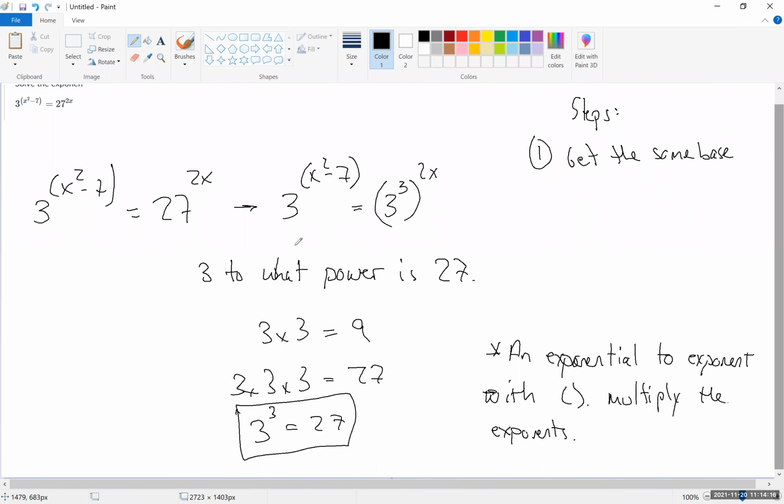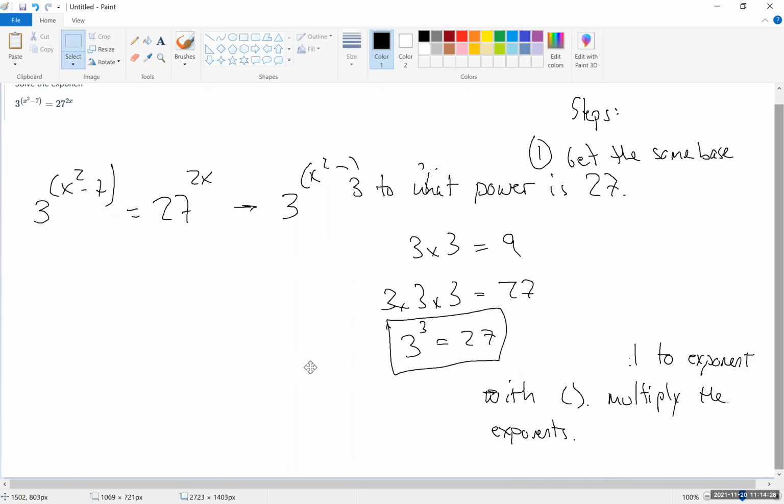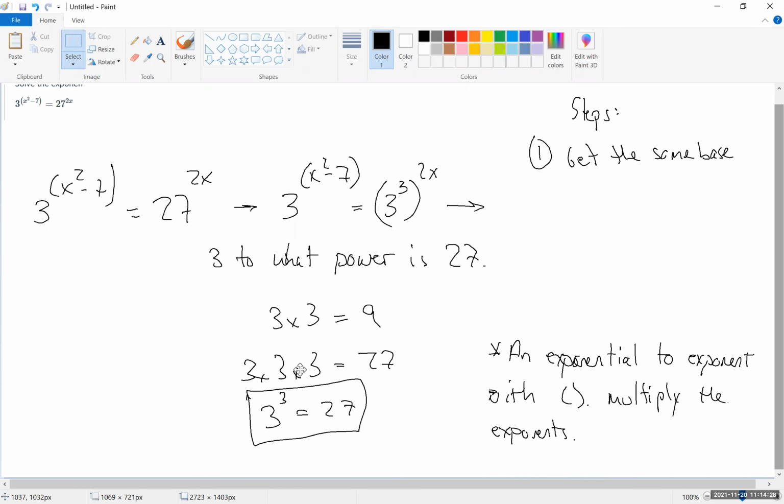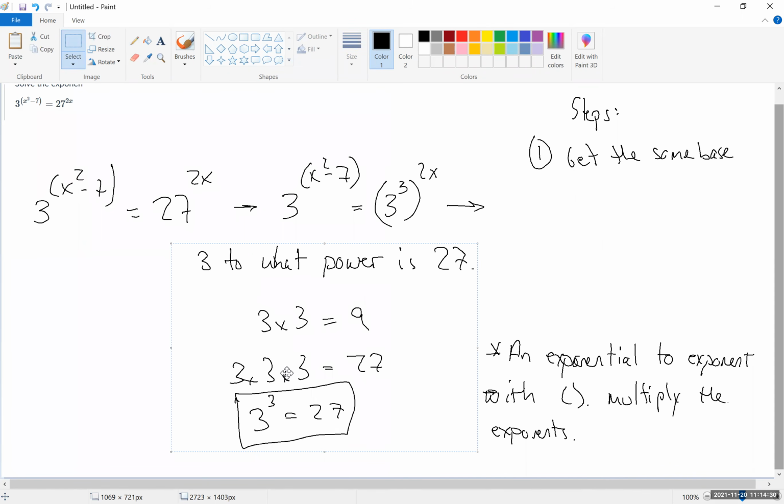Okay, so this is going to become, the left side doesn't change. This looks really bad because I just need to move this. We're just going to move it as far over as we can. And this is going to become 3 to the x squared minus 7 equals 3 cubed to the 2x.